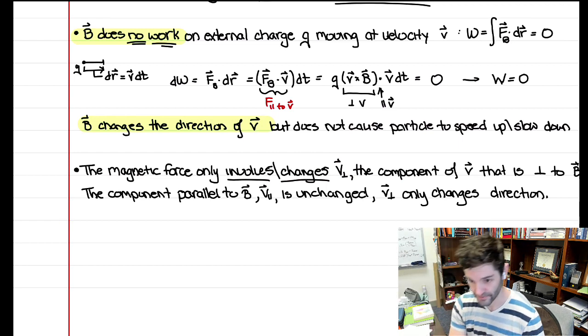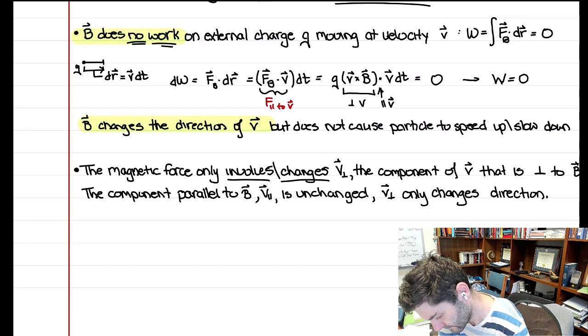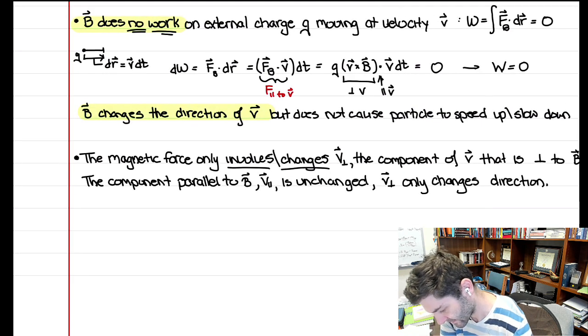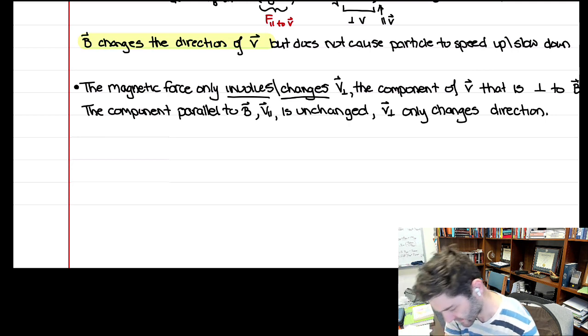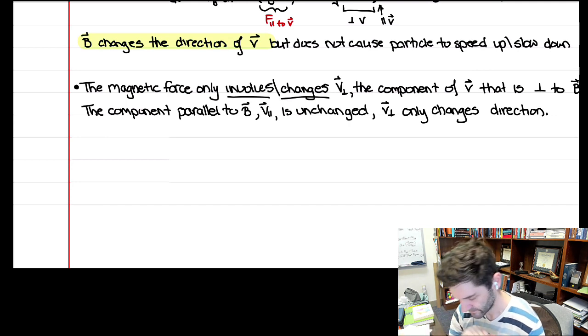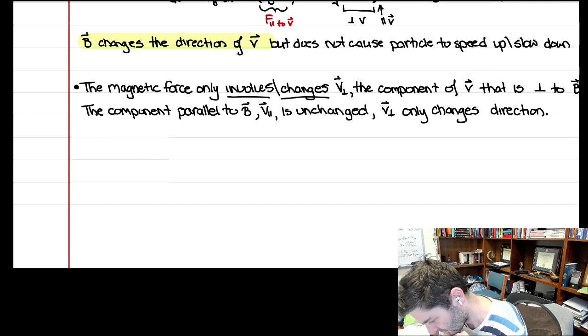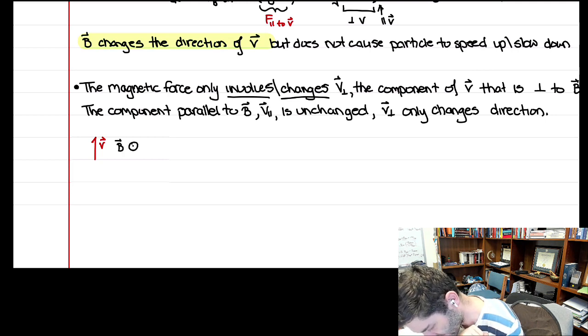And let me draw some pictures related to this. Let's have a velocity vector that is initially pointing up, and a magnetic field that points out of the page. Remember, the circle with a dot means out of page.